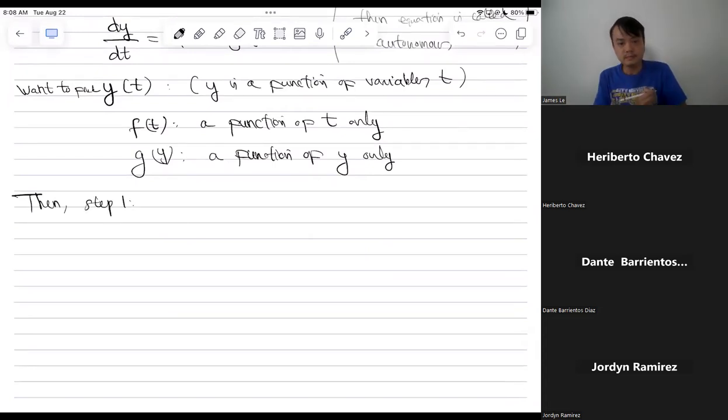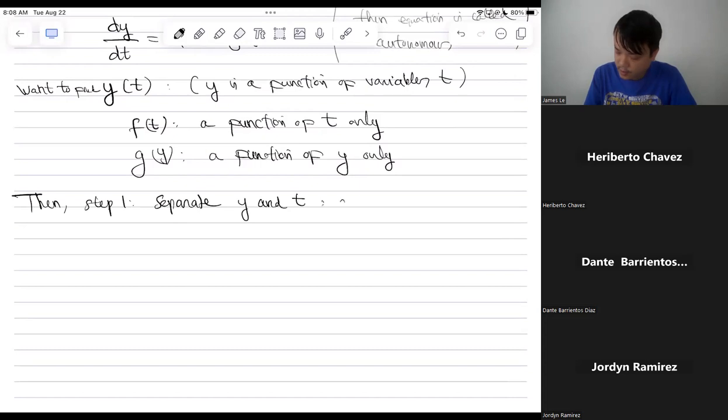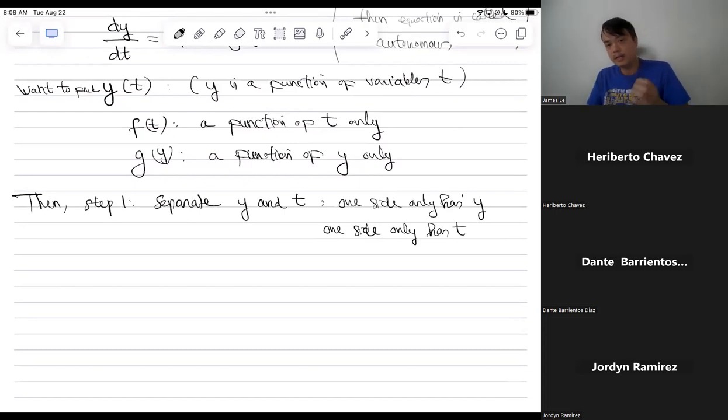Step one is you try to separate y and t, so that one side only has y, and the other side only has t. Usually the side with y is the left hand side, and the side with t is the right hand side.